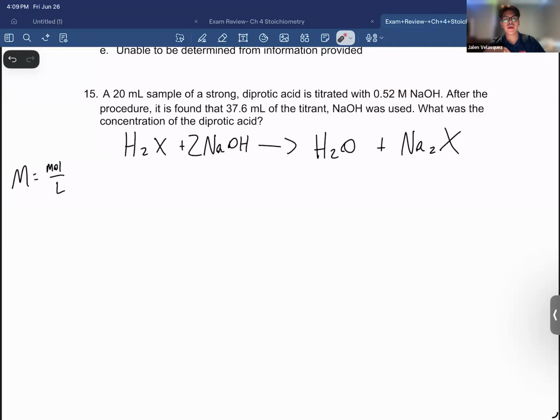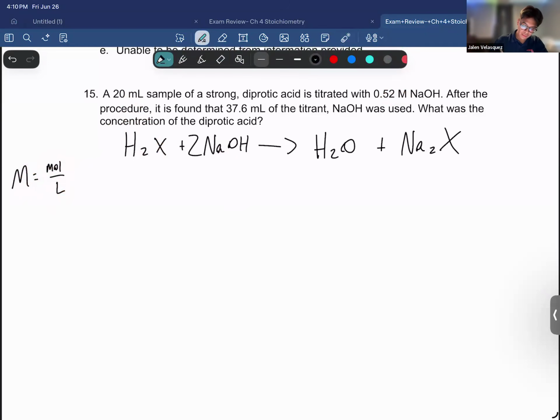We have concentration, we have volume. So with concentration and volume, we can figure out the moles of sodium hydroxide. From there, we can use stoichiometry to get the moles of the acid. And then since we have the volume of the acid, once we get the moles, we can get the concentration of that.